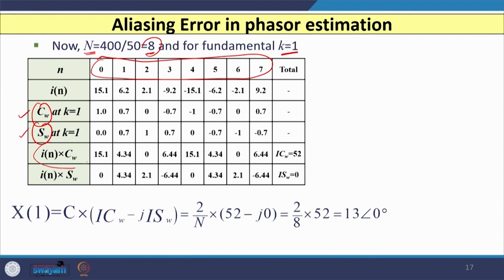You multiply I n with Cw and I n with Sw. Finally, you will have the value of ICW as 52 and ISW as 0. So your x1 term, that is k equal to 1, the phasor of the fundamental term, comes out to be 13 angle 0.